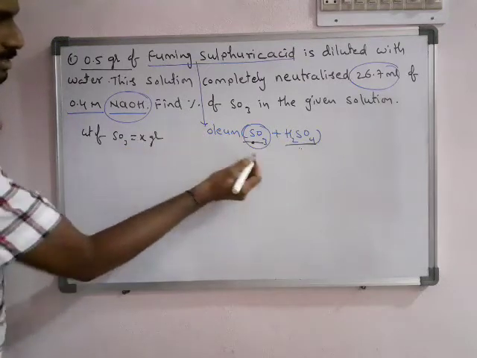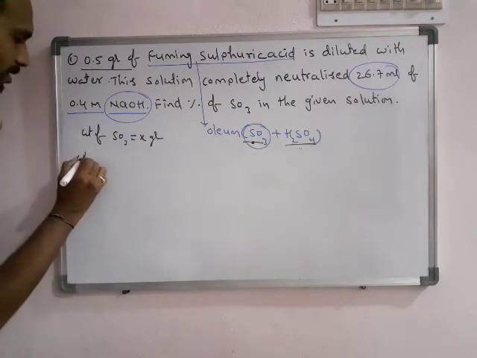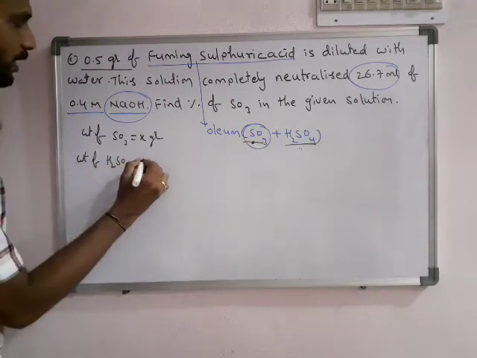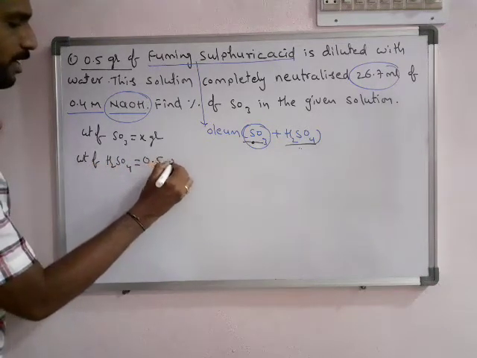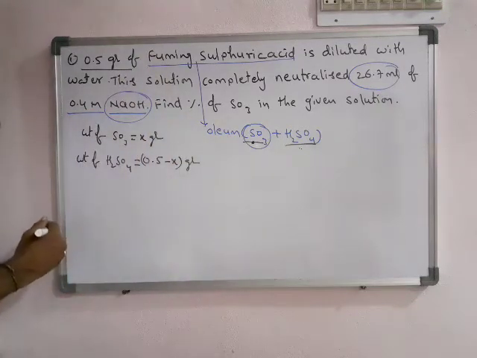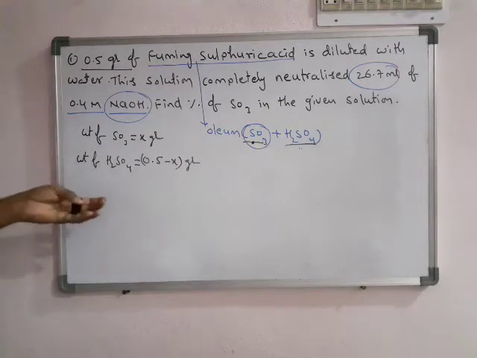Weight of SO3 is X gram, then automatically the weight of H2SO4 is 0.5 minus x gram. Okay, so these are the different weights of these two.